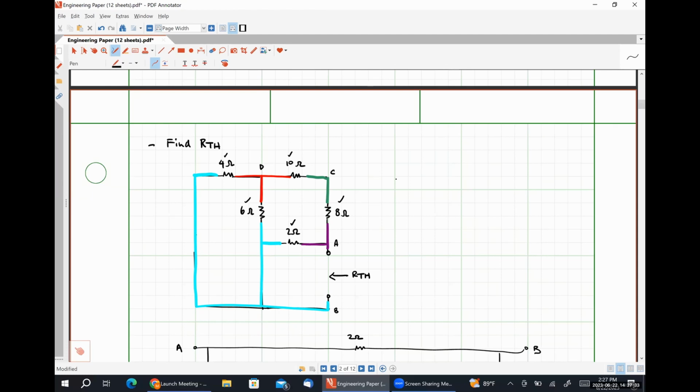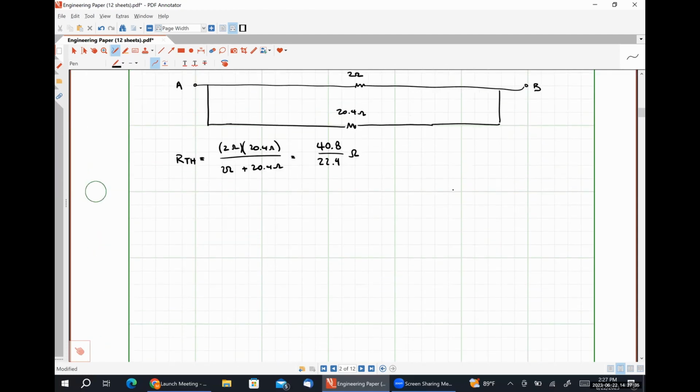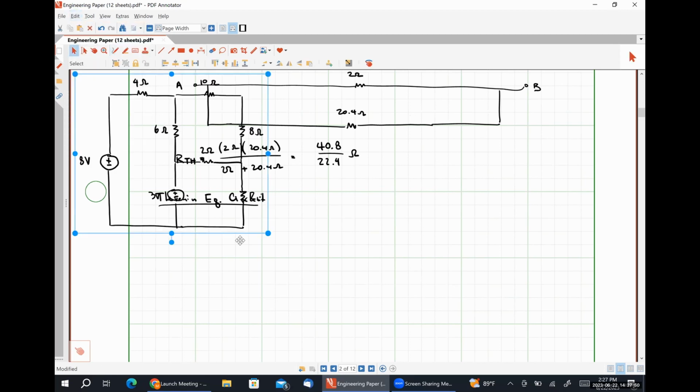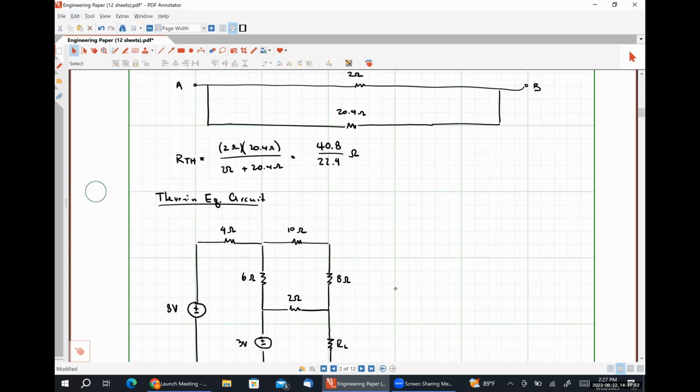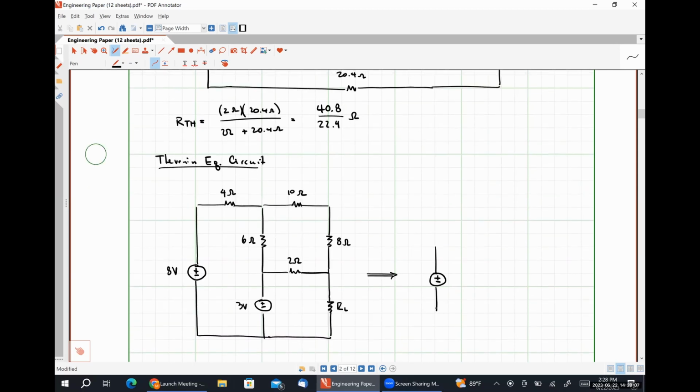So what this means, if we put all this together, is that our original circuit and the circuit that I'm about to draw are electrically equivalent.